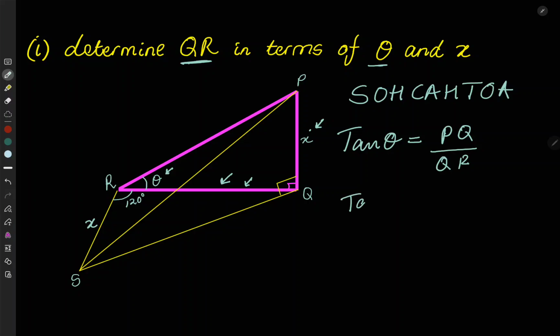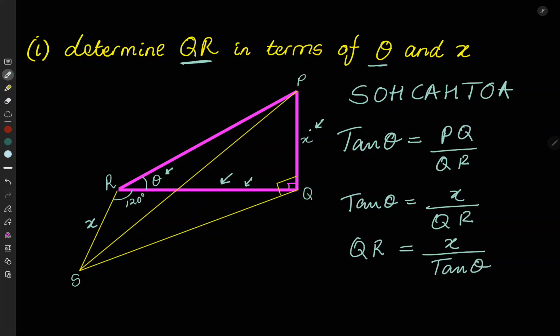So tan theta is equal to PQ, which is x, over QR, and QR is what we want to find. Then we can make QR the subject, and we get QR is equal to x divided by tan theta. And that is how you determine QR in terms of x. That's pretty easy, and you always get such a question.